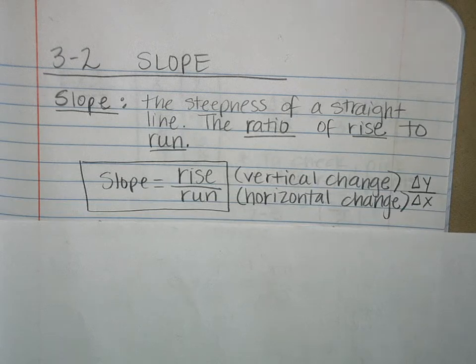So we have the delta sign, which means change. That triangle means change. It's delta, change. So remember, rise is vertical, run is horizontal, y is vertical, x is horizontal, like on our axis.